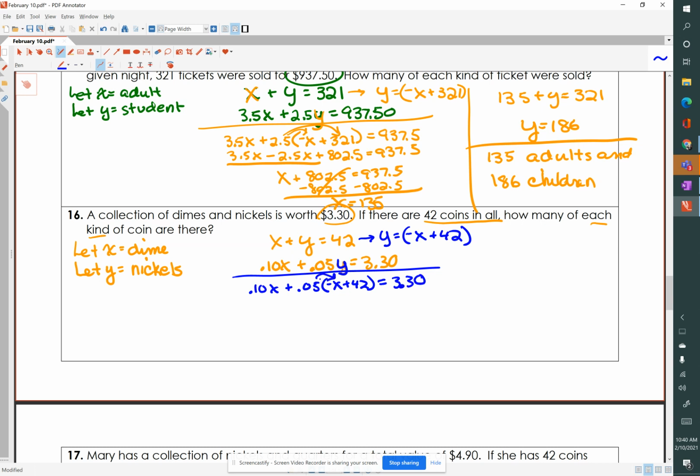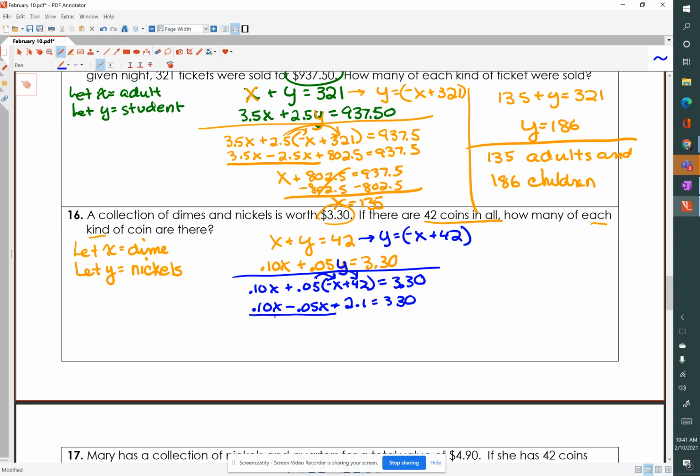Now I distribute the 0.05. Remember, it's not 0.5. 0.5 is 50. This is a nickel, 0.05. 0.10x, and positive times the negative, minus 0.05x plus 42 times 0.05 is 2.1, equals 3.3.